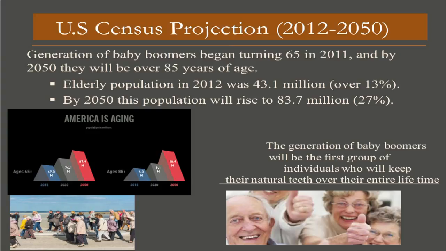By 2050, this population would rise to 83.7 million, that is approximately 27% of the U.S. population. On a side note, the generation of baby boomers will be the first group of individuals who will keep their natural teeth over their entire lifetime.